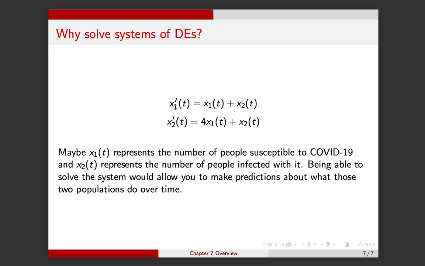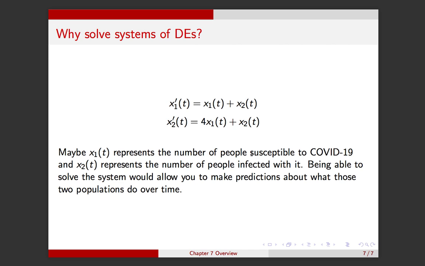So maybe in this system, x1 represents the number of people susceptible to coronavirus at time t, and x2 represents the number of people infected with it.